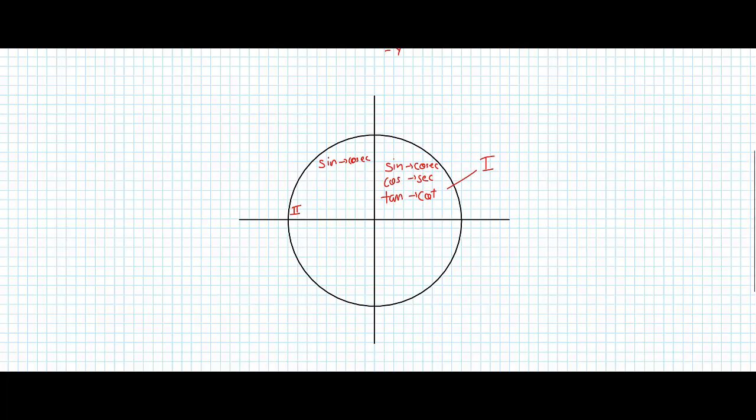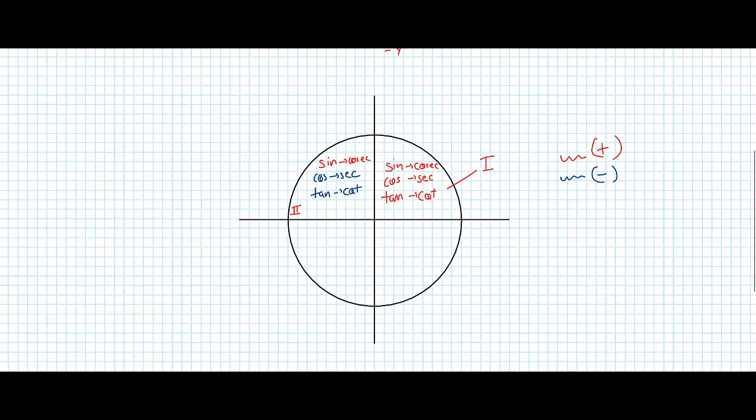Cos is nothing but the x coordinates of these points, but since they lie on the minus x-axis, they are negative, so cos is negative, therefore secant is negative. Tangent is nothing but the ratio of sine over cos. Cos is negative, so tangent in itself and its reciprocal cotangent is negative. Okay, let me label this just so you do not get confused. It's positive.